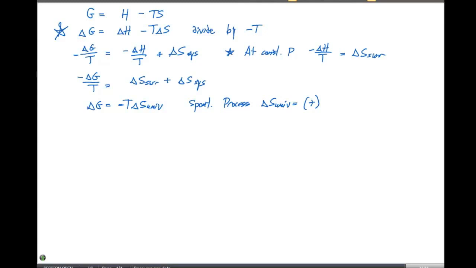But we have this negative sign out in front here.